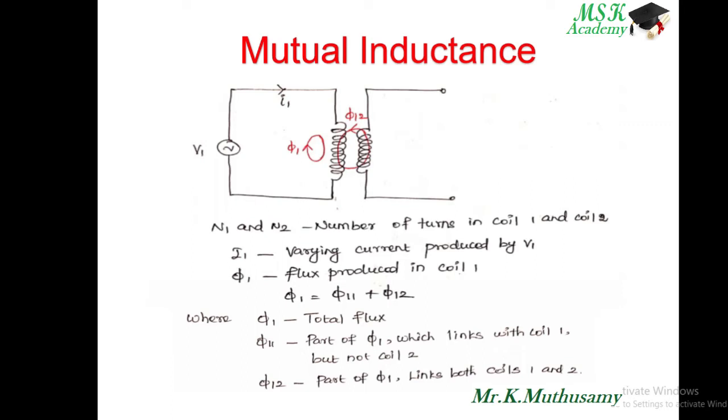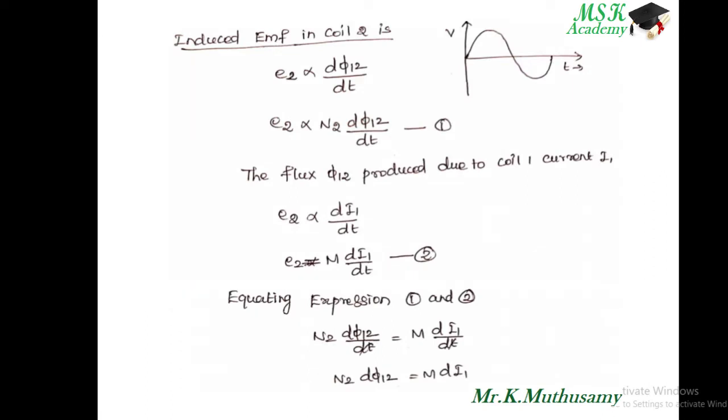The produced flux also has a positive half cycle and a negative half cycle. Due to these variations, the EMF is produced in coil 2. That EMF value E2 is directly proportional to d phi 12 divided by dt. E2 is equal to N2 into d phi 12 divided by dt.